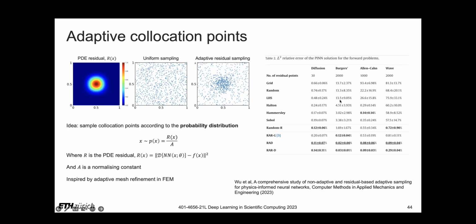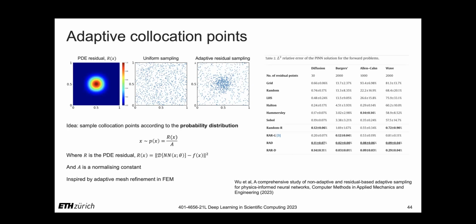It's quite interesting, the difference they get from these different collocation strategies. What I found interesting is that standard uniform sampling seems to be the worst choice across these tests. For example, for the wave equation, this is the 81% error. Lower is better in the table.